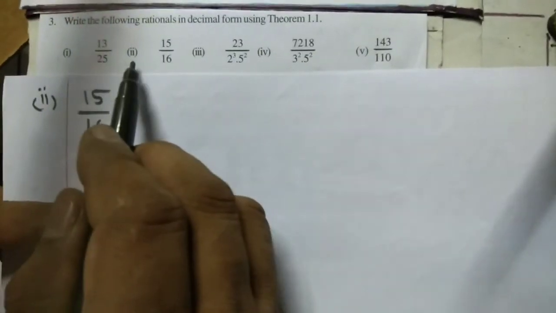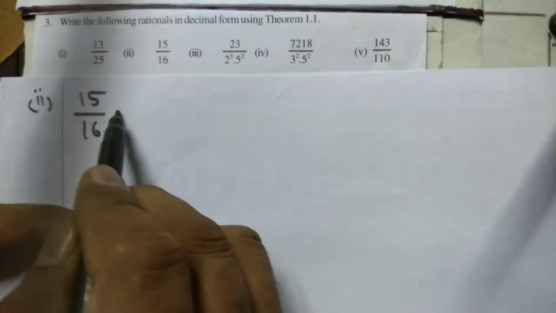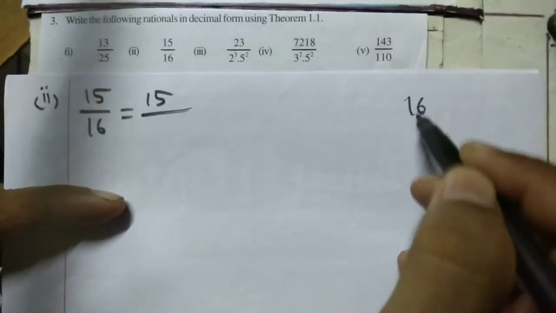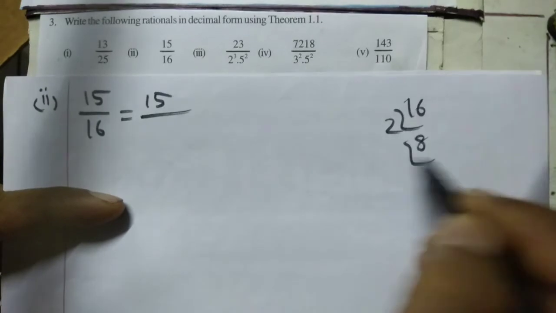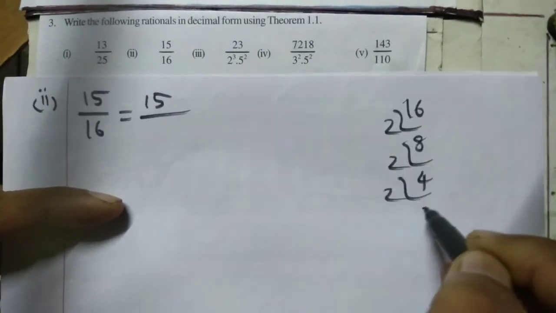Second problem, 15 by 16. 16 is 2 to the power of 4.